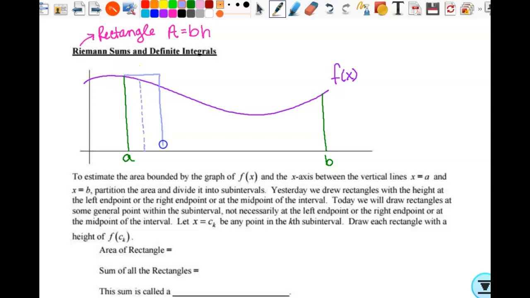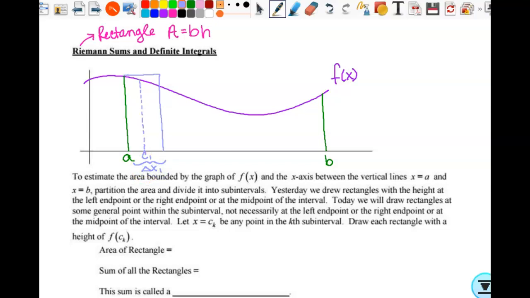It's not necessarily in the midpoint, and it's not on the ends, is what I'm trying to say. But that's the height of my rectangle. So this is C1, which is like our little height. And this right here, which is the base of my rectangle, remember, is just a change in x. So this is delta x sub 1.